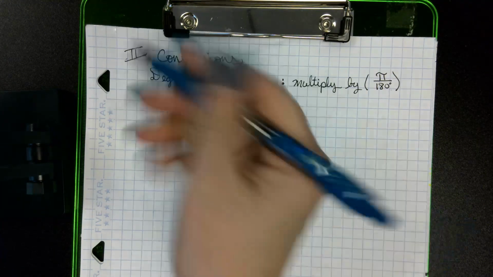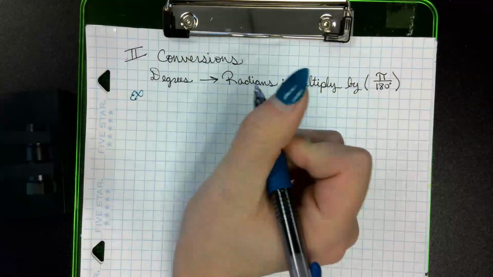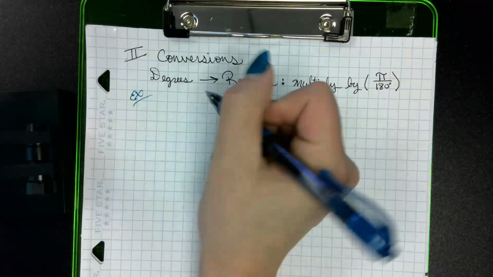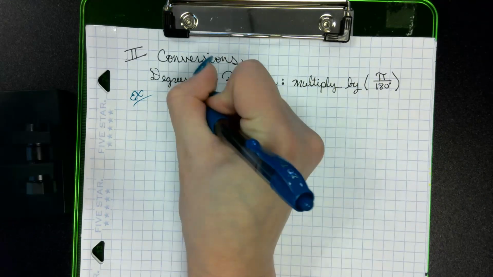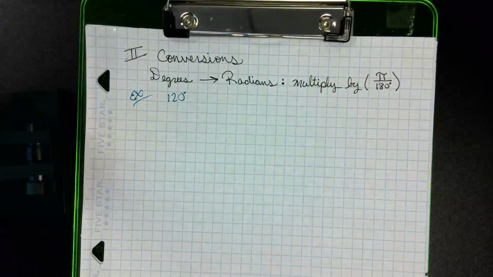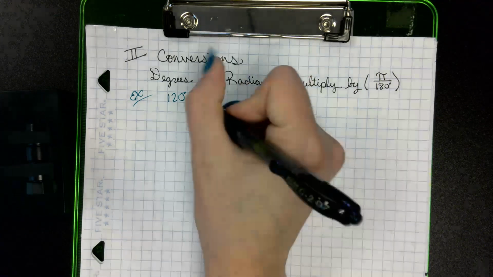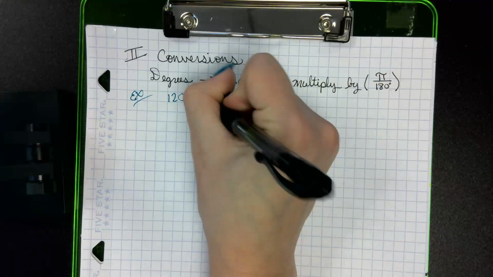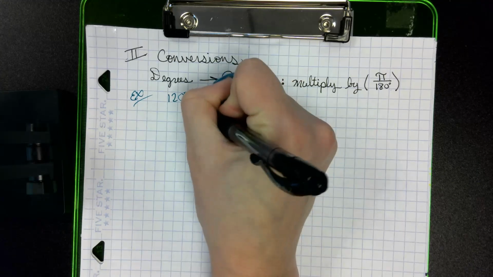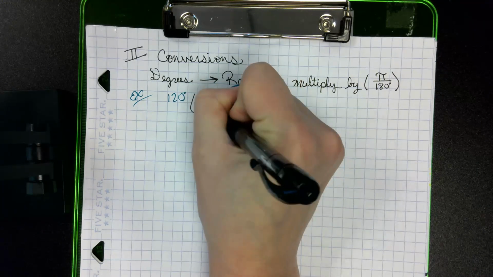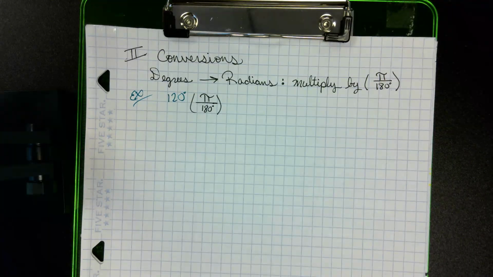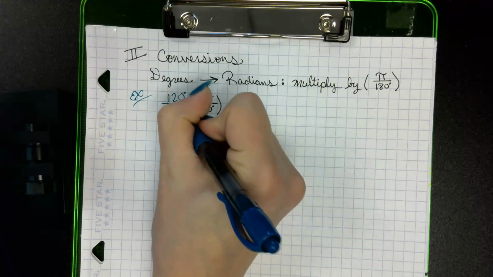For example, if I tell you to convert 120 degrees into radians, use your conversion factor. You're going to multiply it by pi over 180 degrees. Since I'm dealing with a fraction, I want to make my 120 degrees a fraction by making it over 1.